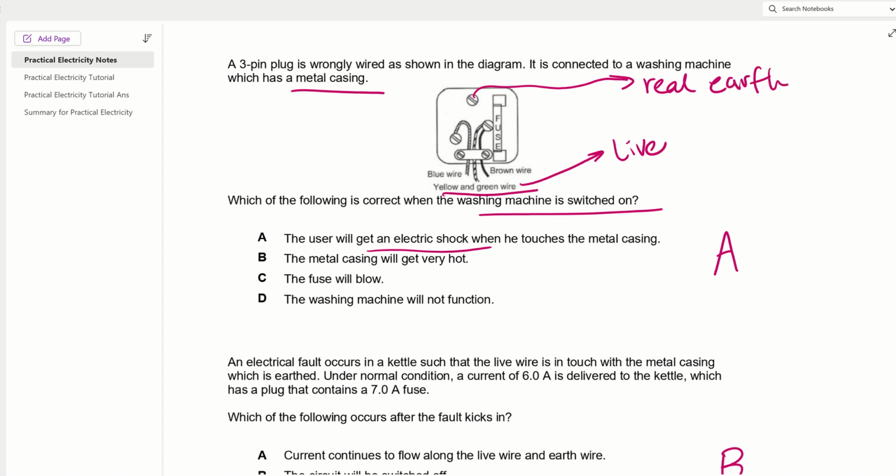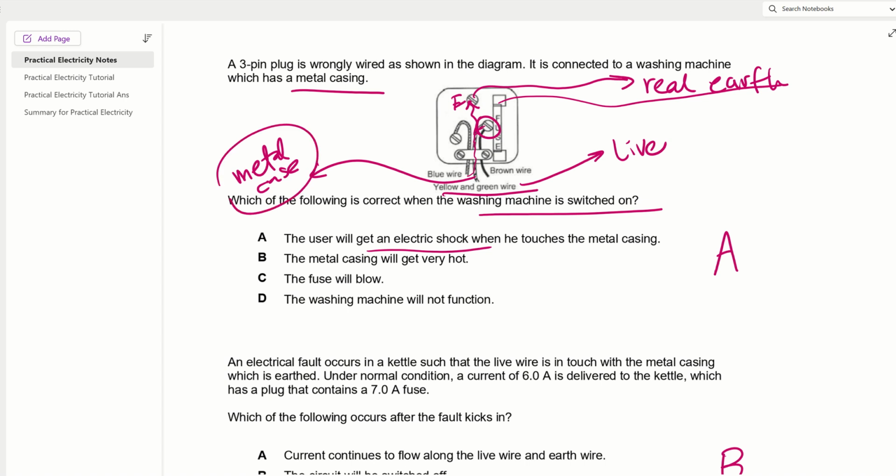By right, this earth wire should be connected here, and so it will flow into the real earth, the ground, if there is current flowing in the metal casing. But now, do you see that the live and the earth wire are connected here? So there will be current that flows into the metal case and makes the metal case live. So when somebody touches the metal case, it will form the connection.